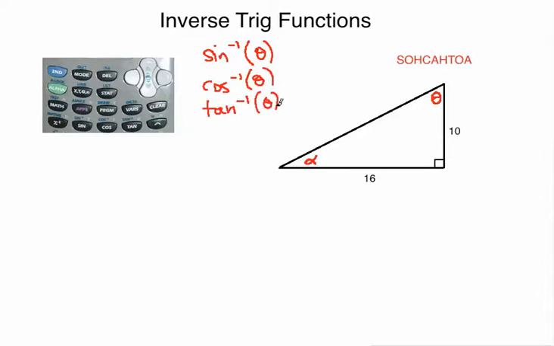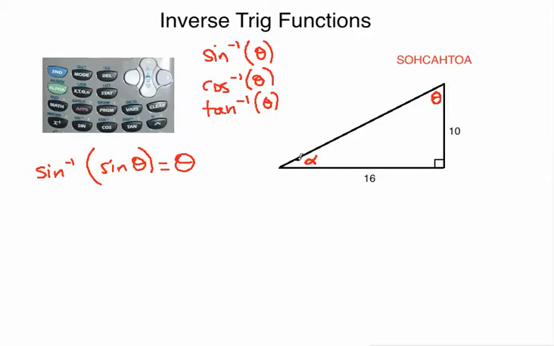Now, something that's nice about these inverse trig functions is that they undo their opposite. So, for example, sine -1 of sine of theta, the sine -1 undoes the sine, and all that's left is the angle, and that works for each of these.